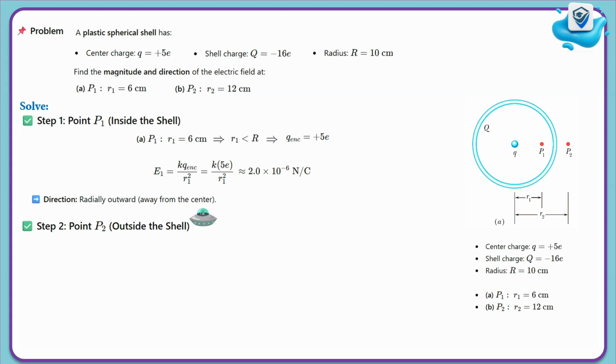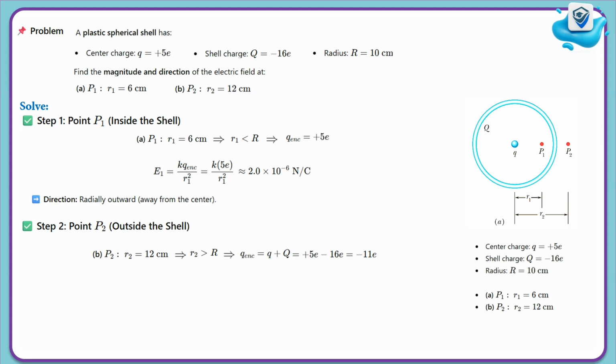Step 2. Now let's move to point P2. Since r2 is greater than R, this point is outside the shell. This time, the Gaussian surface encloses both the center charge and the shell charge. So we first calculate the total enclosed charge. Q enclosed equals Q plus Q. That gives us plus 5e minus 16e equals minus 11e.